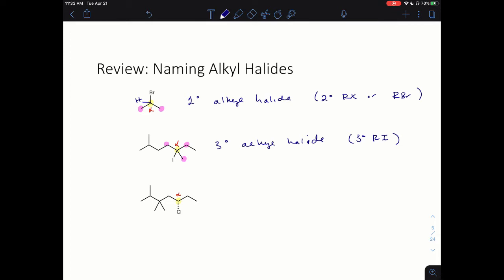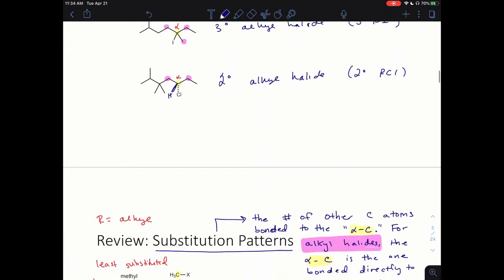Finally, for the last example, our chiral alkyl halide, this is a secondary alkyl halide. That alpha carbon is bonded to 2 other carbon atoms. So secondary alkyl halide, specifically, it's an alkyl chloride. And it's chiral, and that might matter to us later. All right, excellent. So you want to be able to identify the substitution patterns of alkyl halides.